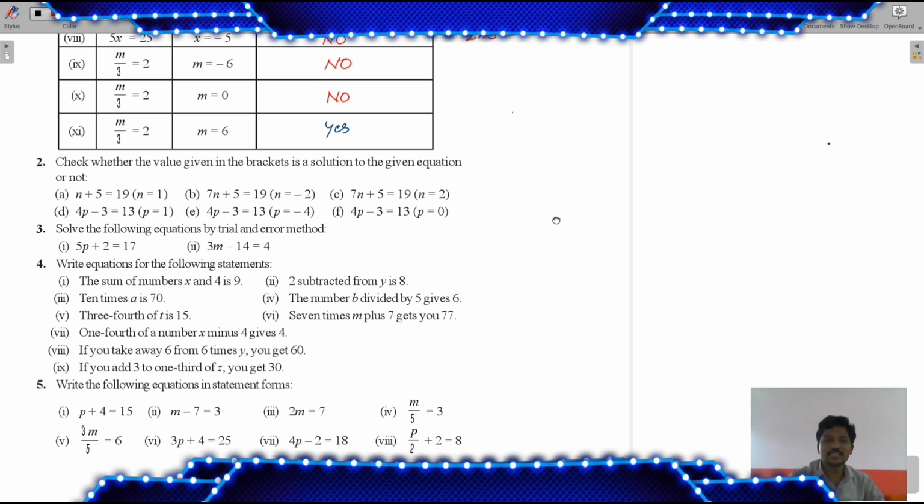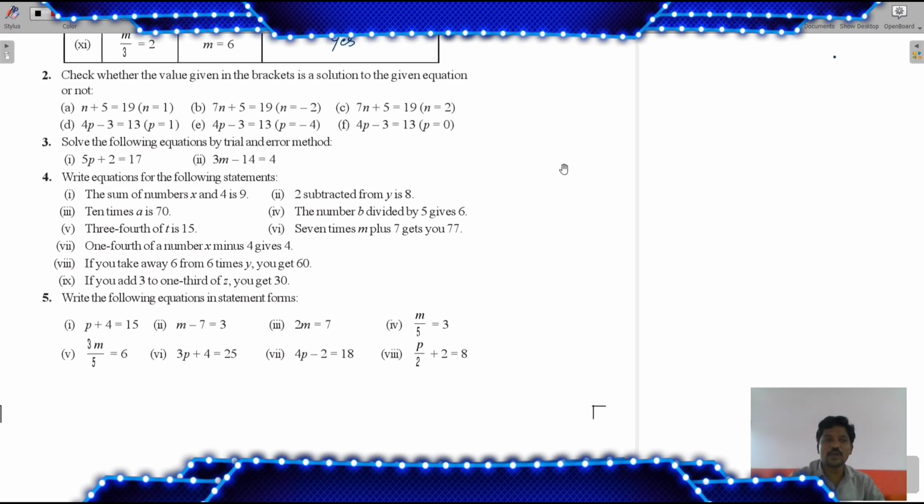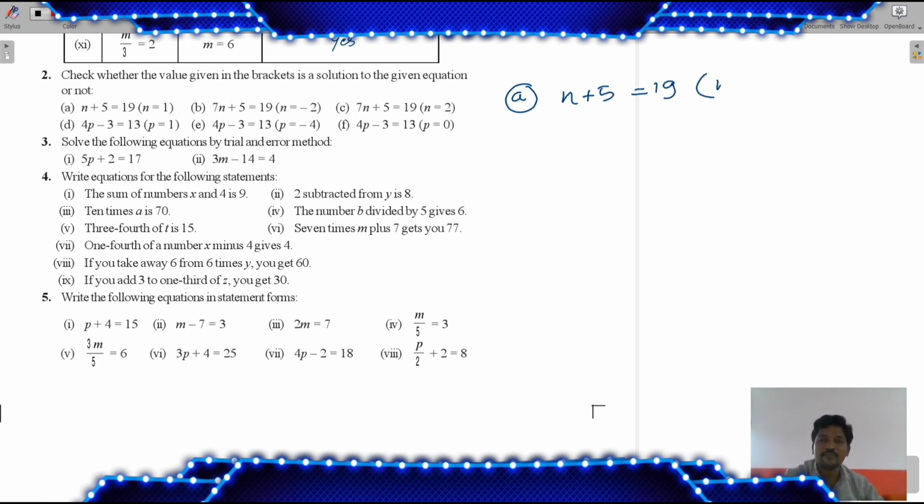Okay, I will consider the first problem that he has given. That is A, n plus 5 is equal to 19. The n value he has given is n equals 1.